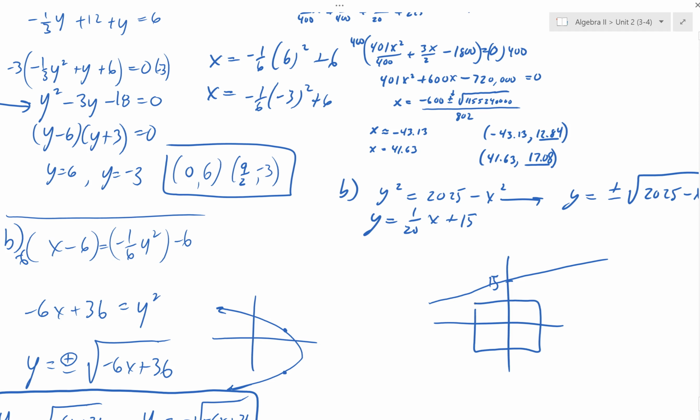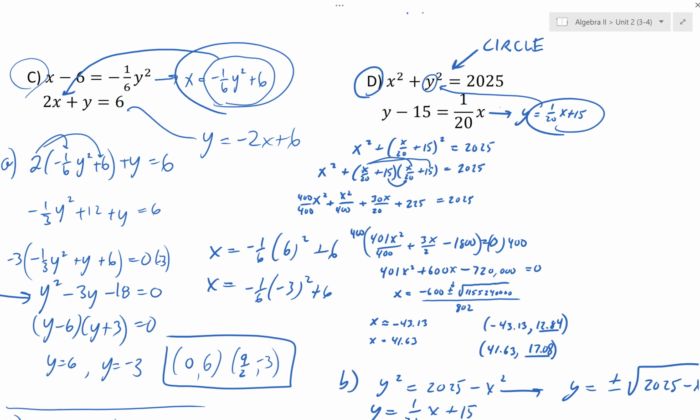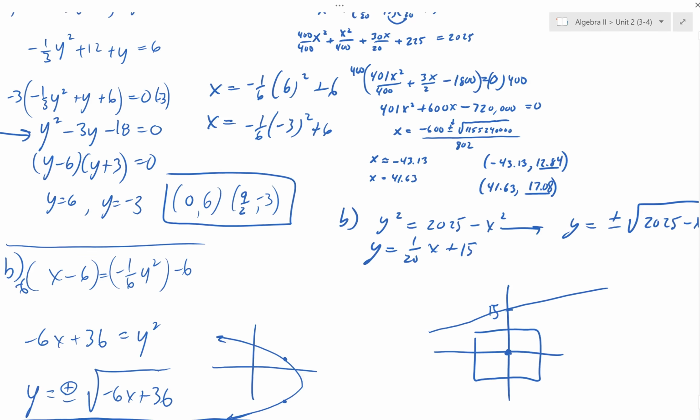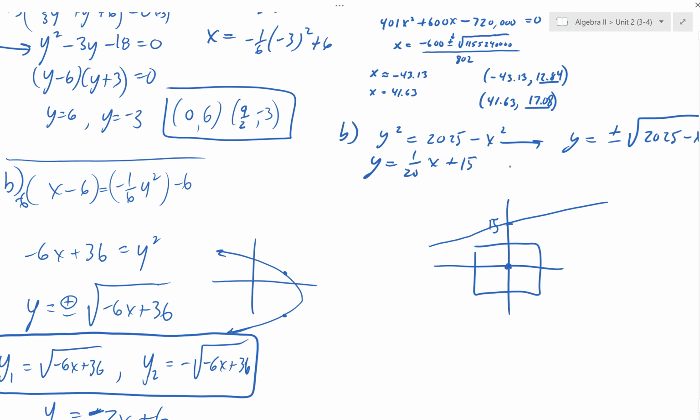Okay? The circle has its center at the origin, but what's its radius? Look at the equation of the circle. What's the radius? 45. Yeah, the radius is 45 because the square root of 2025 is 45. So the circle is way too big for our current viewing window.